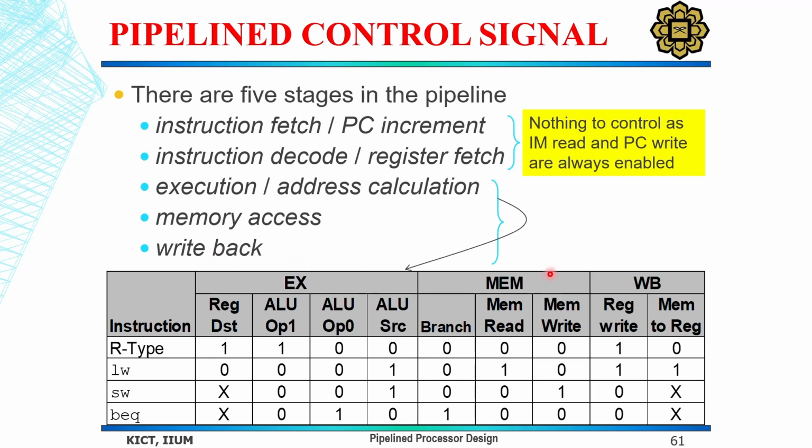And then here we have a control signal table. This table shows which control signals are active, 1, or inactive, 0, for each instruction type.